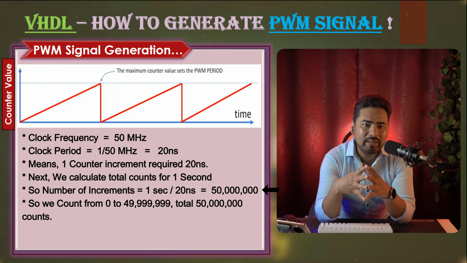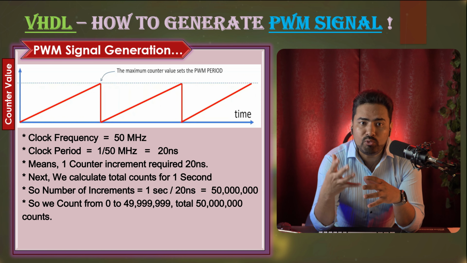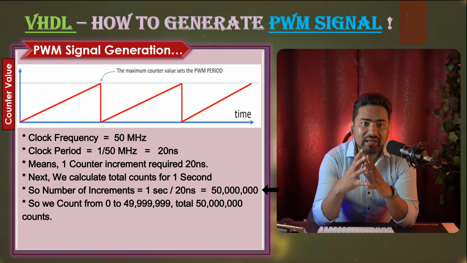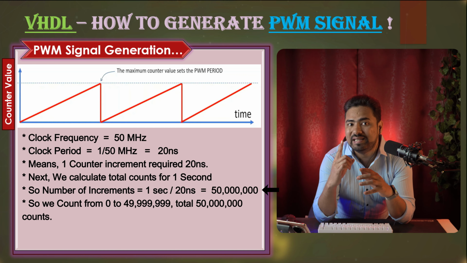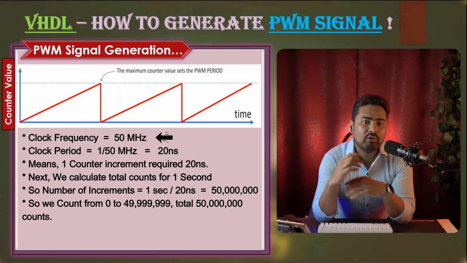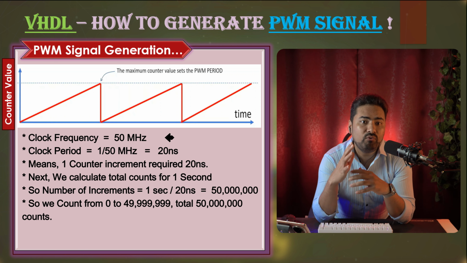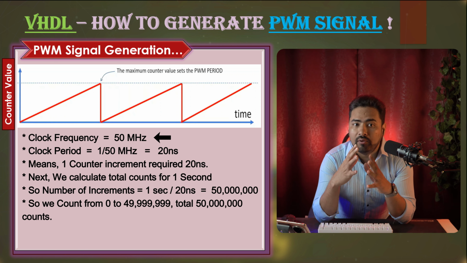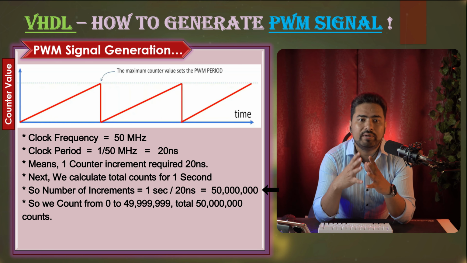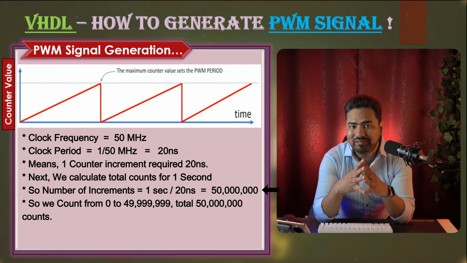So your answer will be 50 million. Means our counter needs 50 million increments to get exactly 1 second. Note that our clock frequency is 50 megahertz and we are calculating it for this clock signal only. If your clock frequency is different, then this number will be different too. Just use a simple formula to get the total number of increments, right?